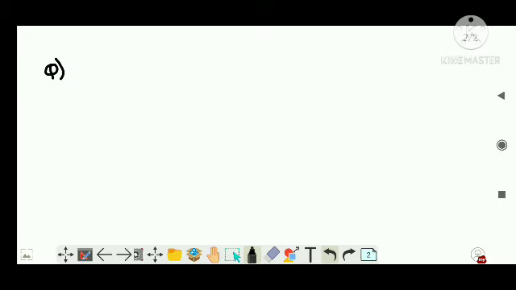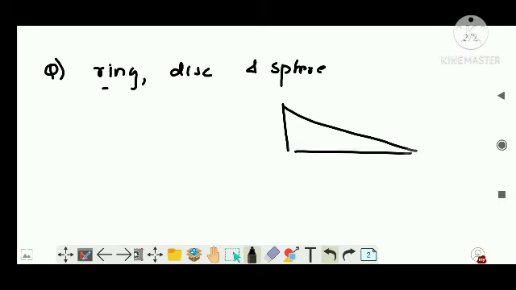You are given a scenario that a ring, a disc and a sphere are there. These three have the same mass and obviously the same radius, and they are rolling down an inclined plane like this.